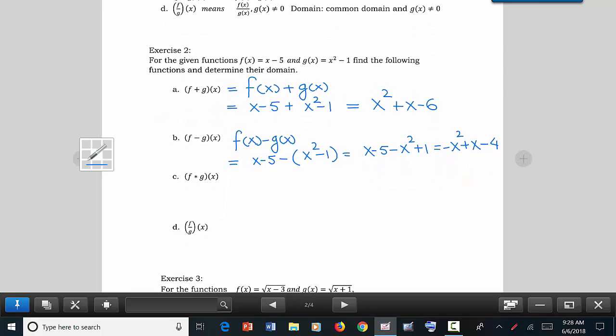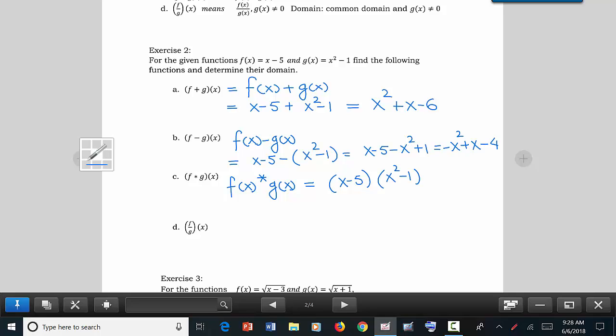For f times g of x, the meaning of this notation is we multiply f of x with g of x. So f of x is x minus 5, multiplied by g of x, which is x squared minus 1.